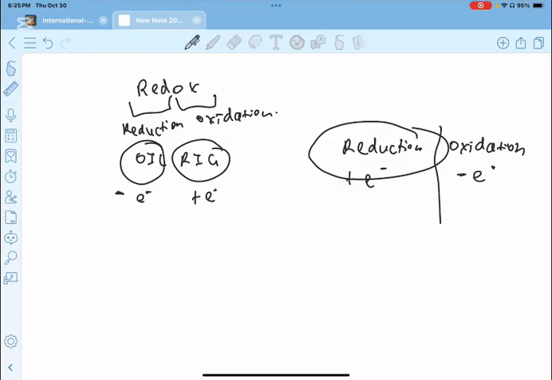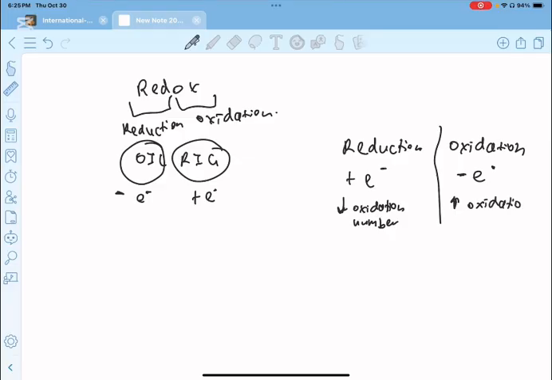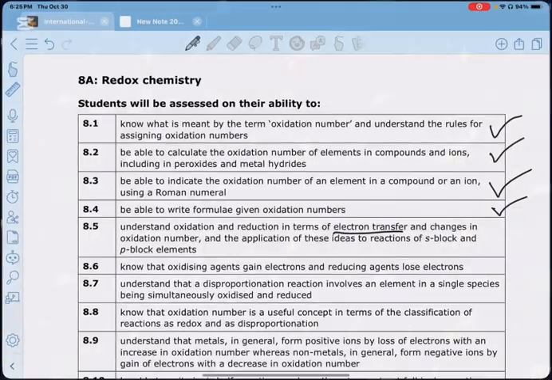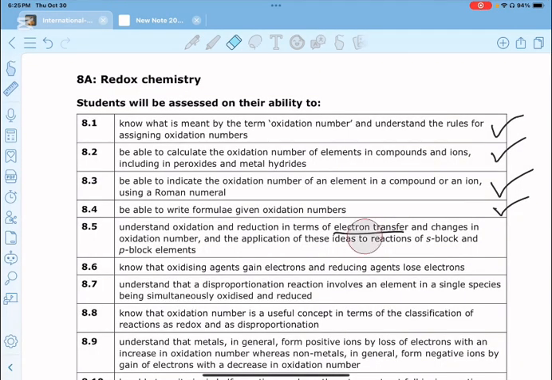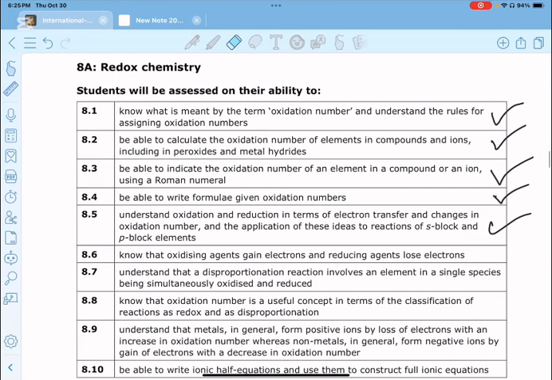Reduction is a decrease in something, right? So if you have a decrease in oxidation number, that is going to be reduction, okay? If you have an increase in oxidation number, that is going to be oxidation, okay? These are the simplest terms of it, but yeah, that basically answers that question, okay? We can take that.